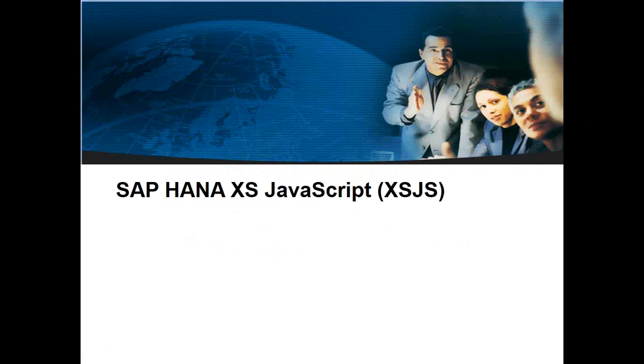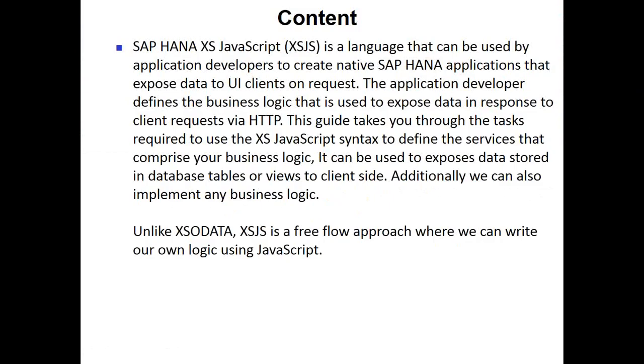Here we can build the application directly on top of the HANA database. That is called XSJS. There are two concepts, XSJS and XSOData. OData can also be generated in the same way.